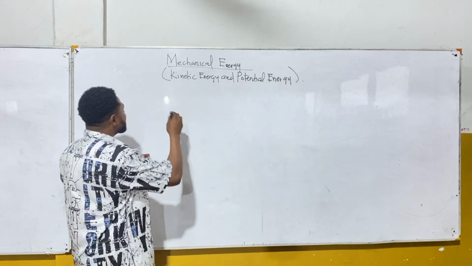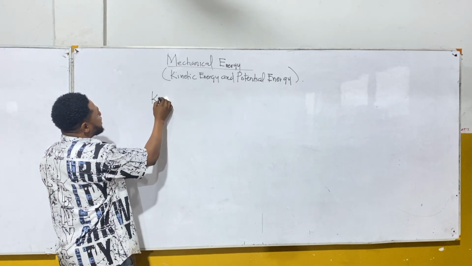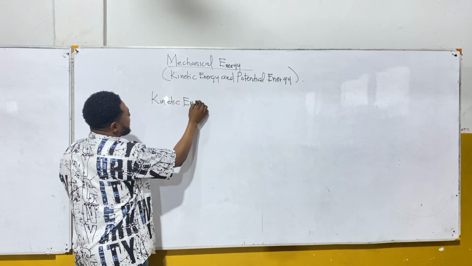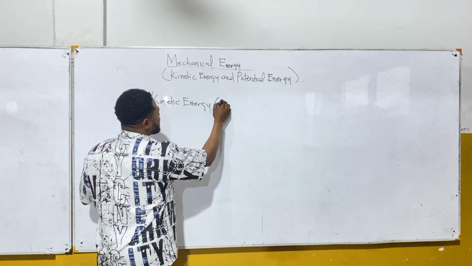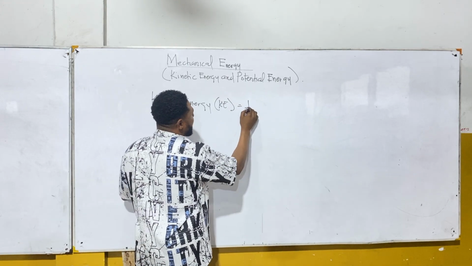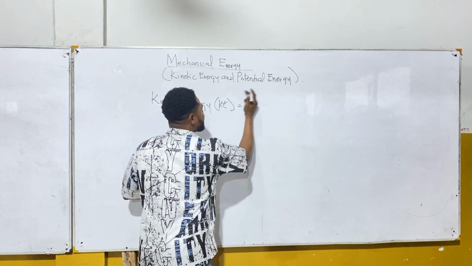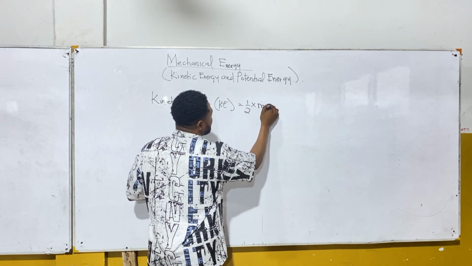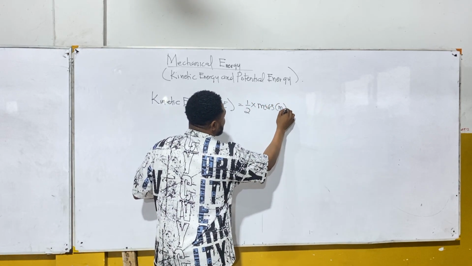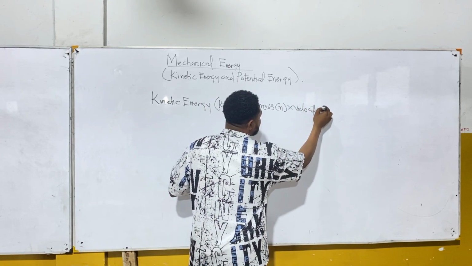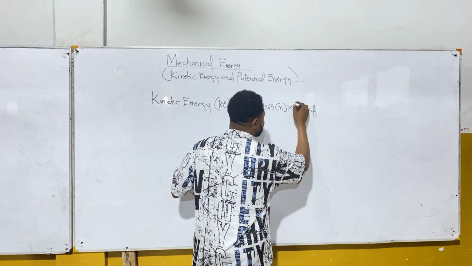Therefore, mathematically, kinetic energy, let us use KE to represent it, is equal to half multiplying the mass of the body times velocity squared.